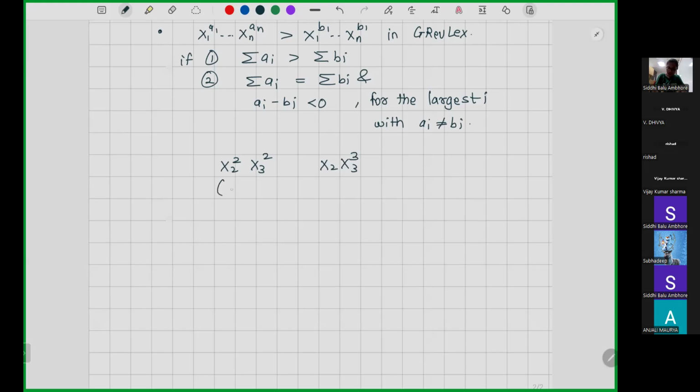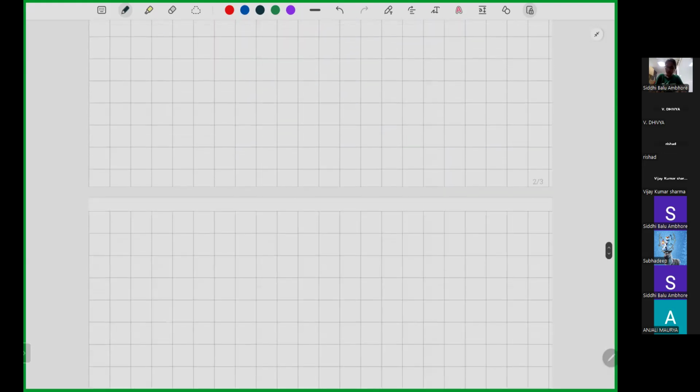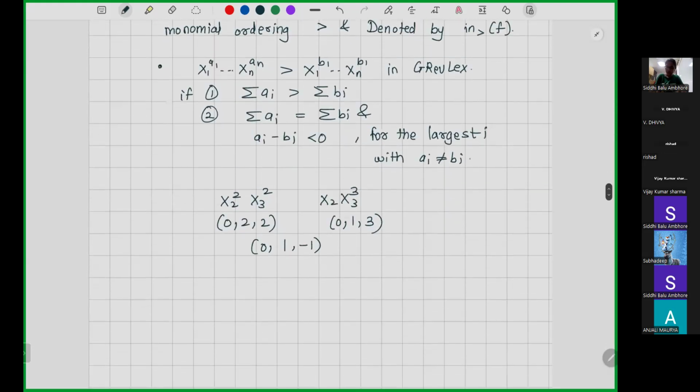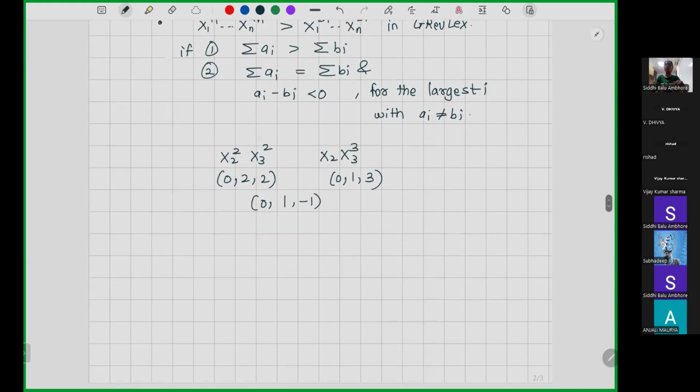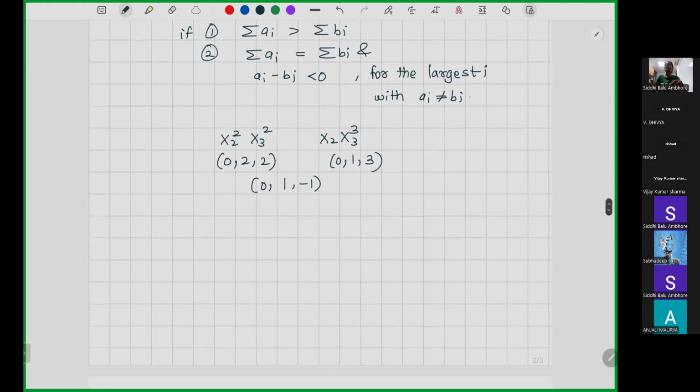Here I have exponents 0, 2, 2, and here 0, 1, 3. When I subtract, I get 0, 1, minus 1. Since the largest i for which ai minus bi is nonzero gives a negative value, the first is greater than the second with respect to graded reverse lexicographic order.